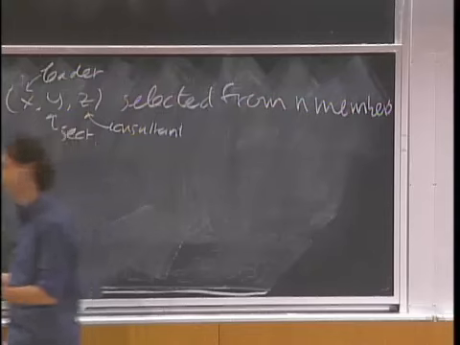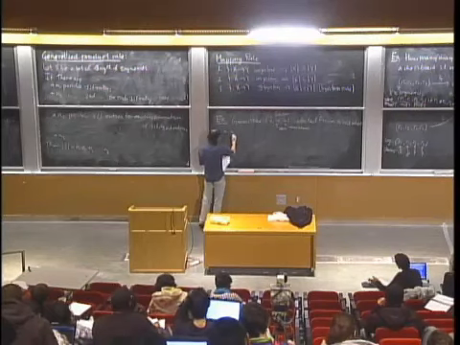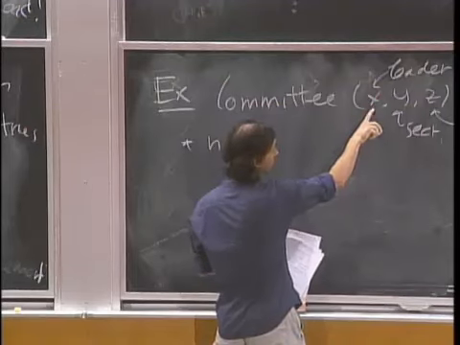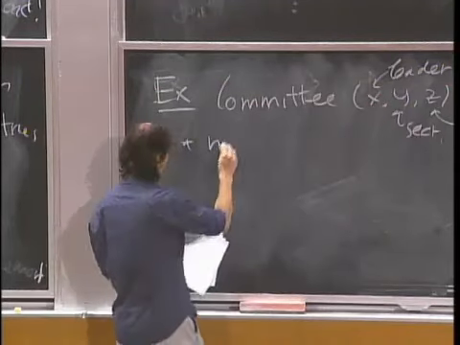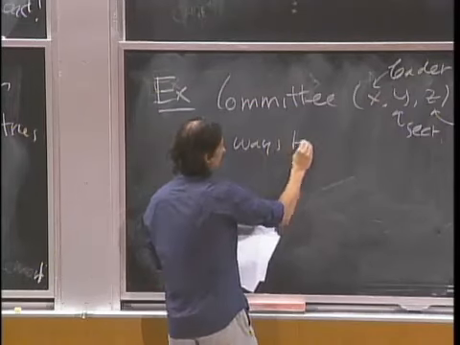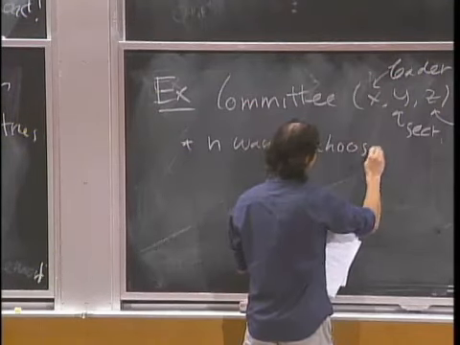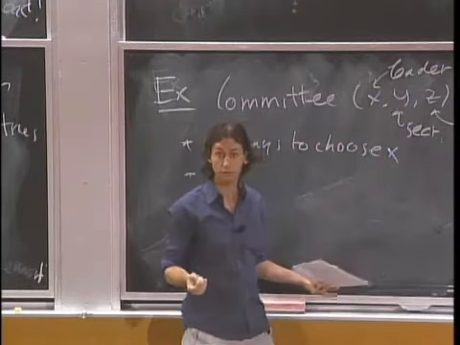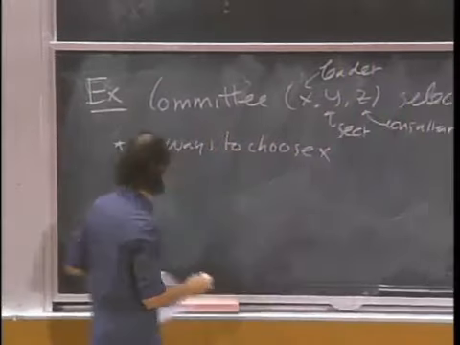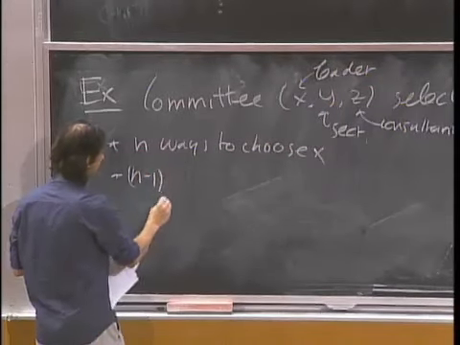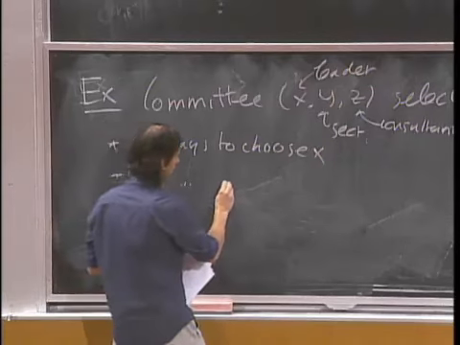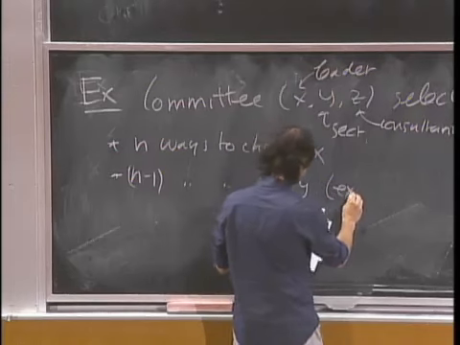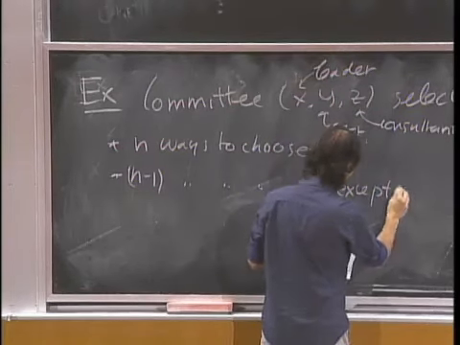And in how many ways can I do this? Well, I have n ways to choose my first term in the sequence. I have n ways to choose the leader. So there's n ways to choose x. How many ways do I have to choose y? Well, if I've chosen already a leader, I need to choose someone else. So I have n-1 members left, n-1 ways to choose y. I'm just not allowed to choose x.